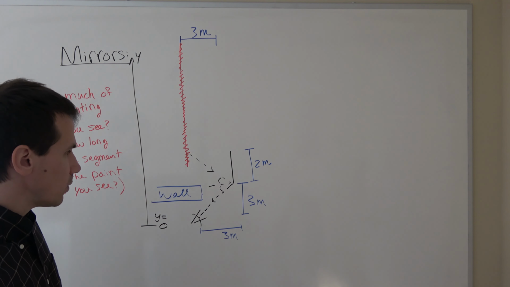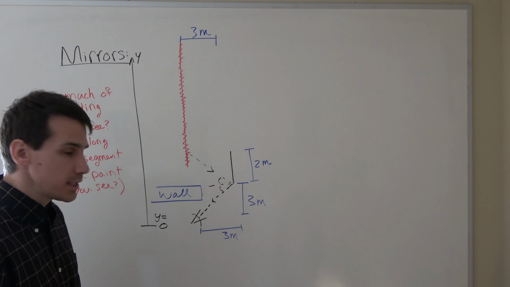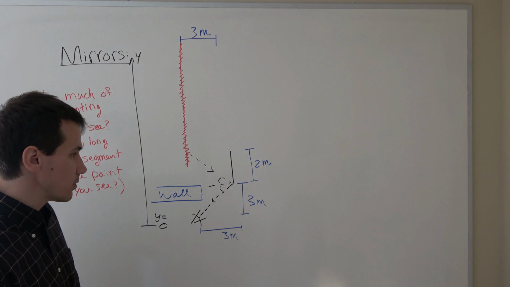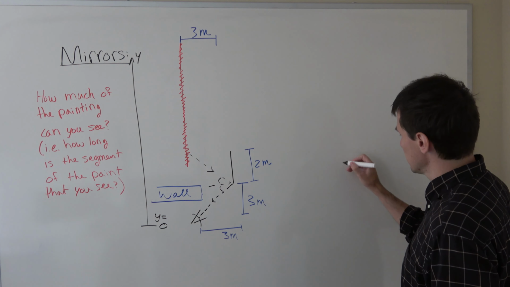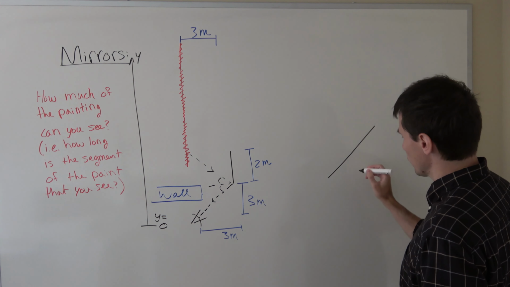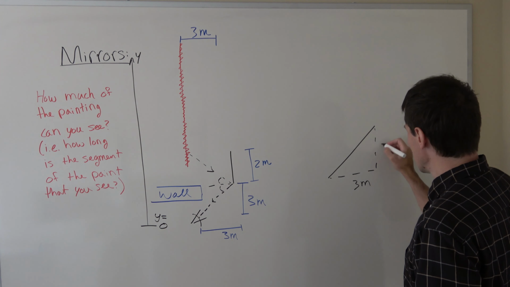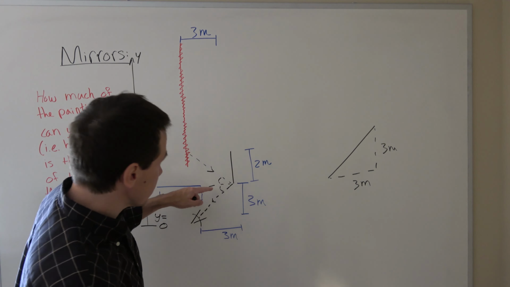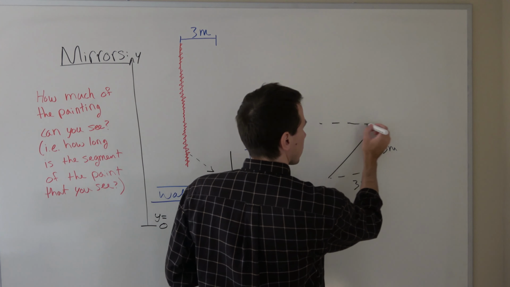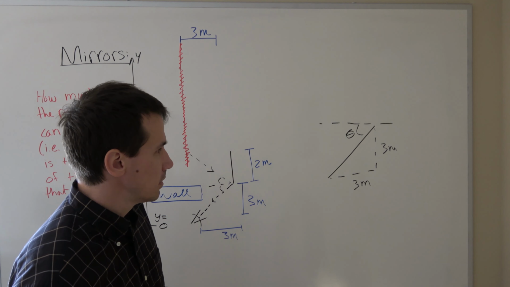Okay, well, we actually have enough information to find this angle here based on our 3 meters and 3 meters. So the idea is that we have the ray, we have 3 meters, 3 meters, and then our angles are always measured from the normal, so the normal comes here. So we're really interested in this angle here, theta.